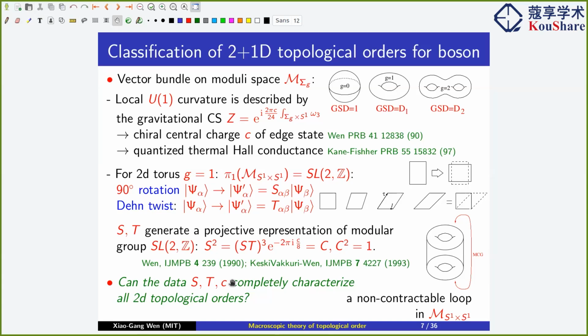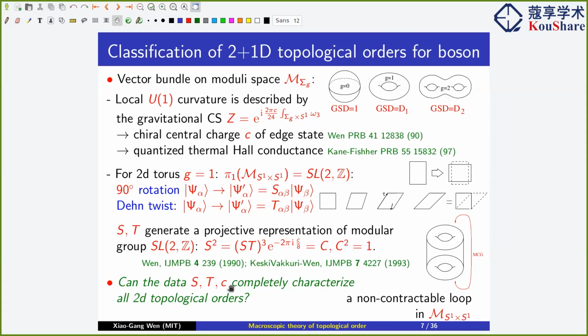So this became very concrete. When you use topological order to describe a symmetry, you say this symmetry is described by this ST matrix and the c. So the ST matrix just became the name and label for the topological order, and also for the symmetry, if we think topological order can describe a symmetry.